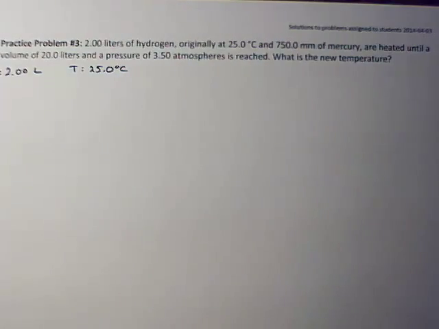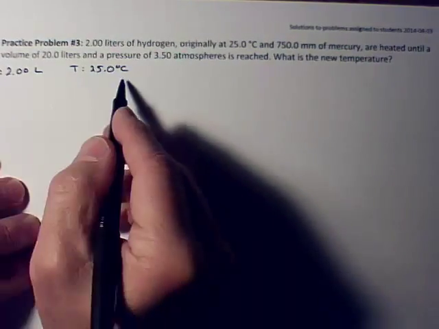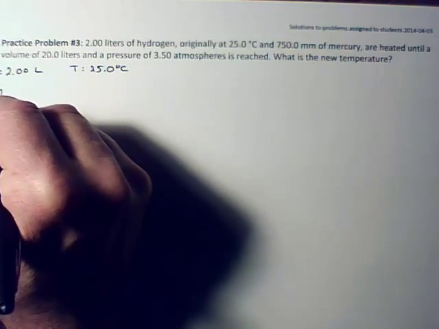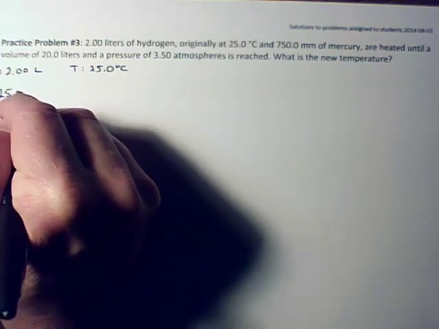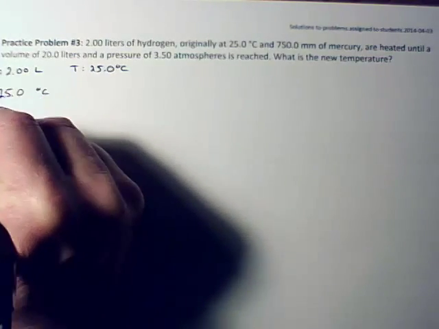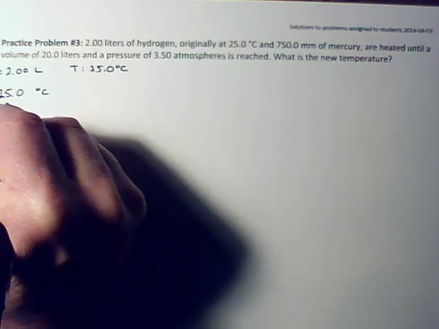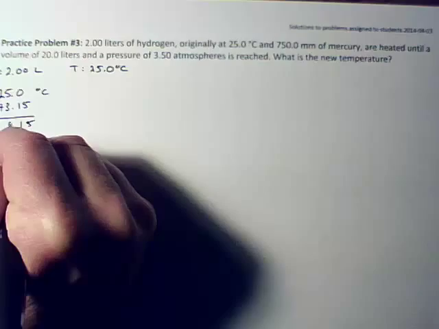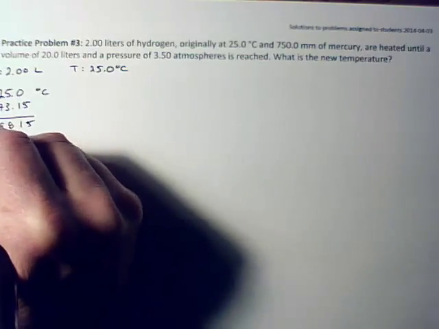We can't solve any problems with degrees C, so we need to calculate the Kelvin temperature. Let's see, 25.0 degrees C plus 273.15 is 298.15.